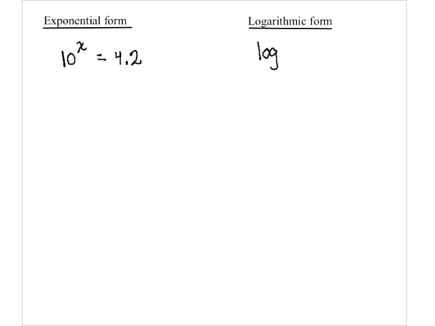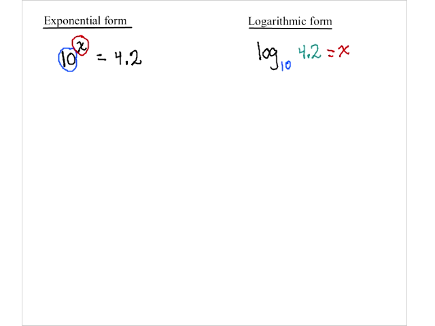So log form is going to be log base 10, that's the base, and the log always equals the exponent, so that equals x, and 4.2 is what we're taking the log of. So log base 10 of 4.2 equals the exponent x.